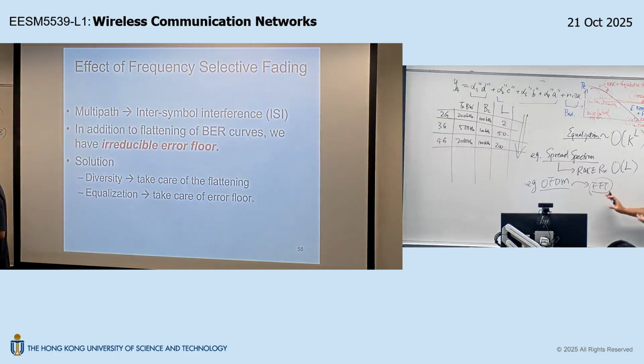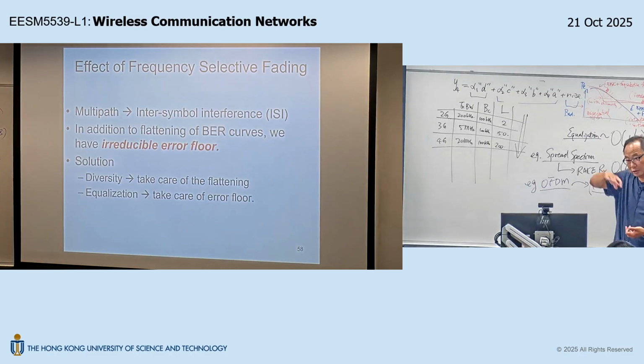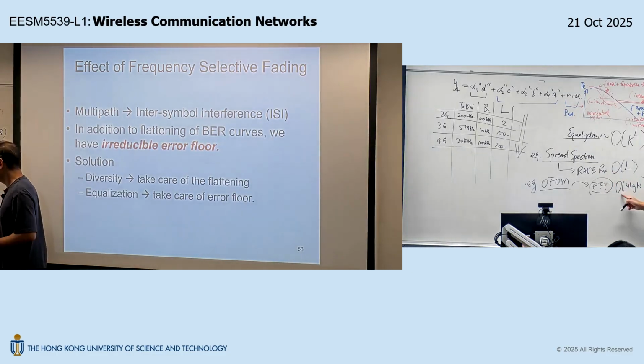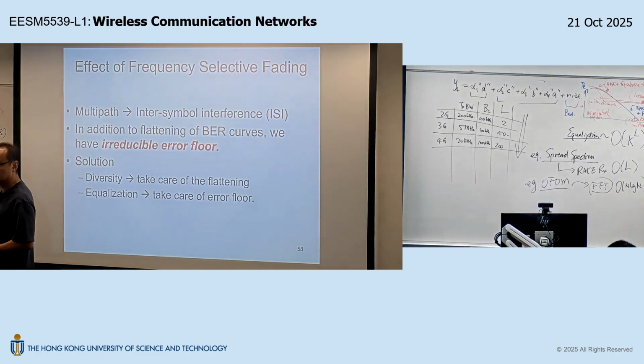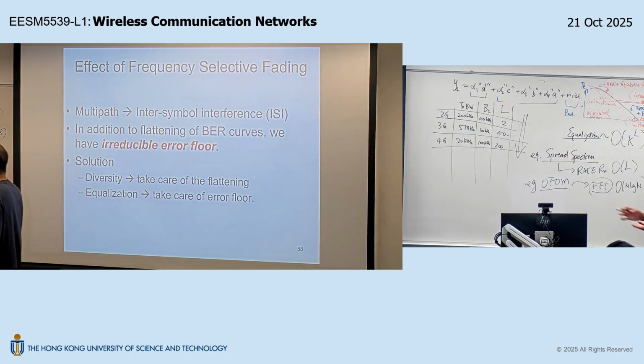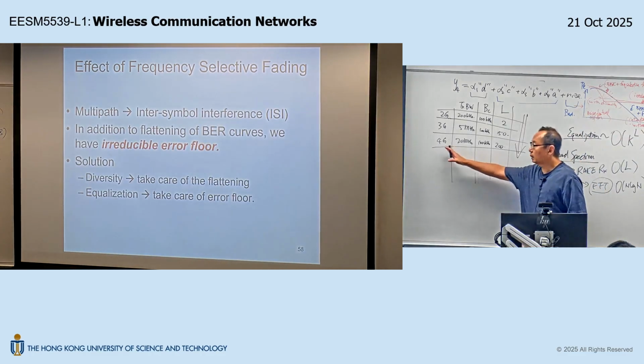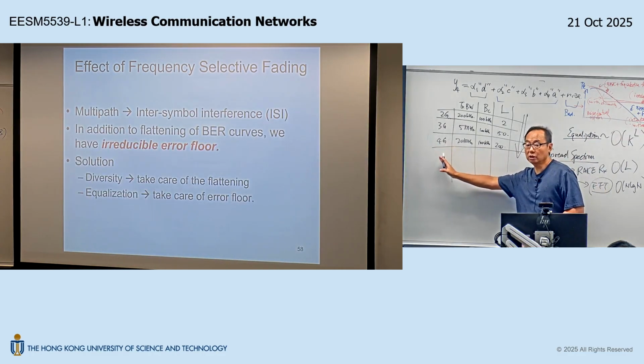The complexity of FFT is n log n. Now n log n is slightly worse than linear, but it's pretty much linear because log grows very slowly. So this is almost linear, and the complexity scaling of these OFDM receivers is also very scalable. That's why OFDM is the fundamental technology behind 4G LTE systems.